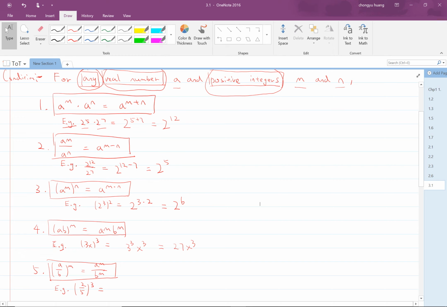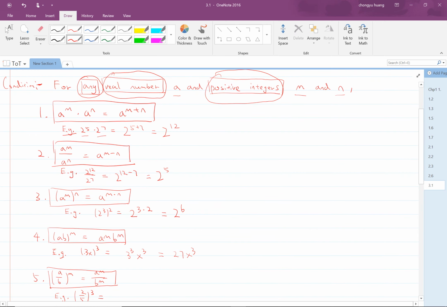And keep in mind, in the condition over here, we have "for any" real number. Any means we can have as many as we want. It can be a, it can be b, and b over here is equal to 5.